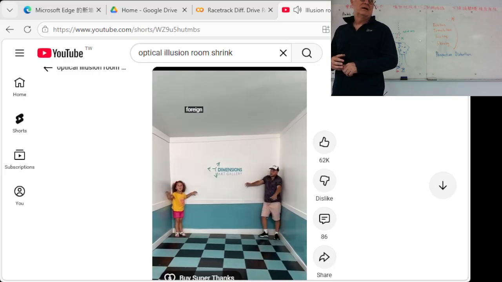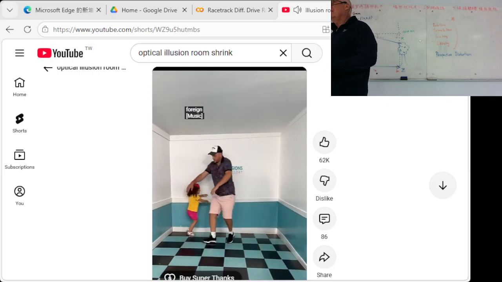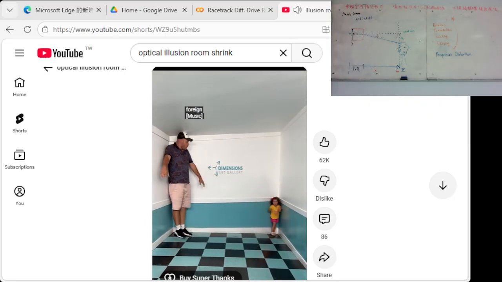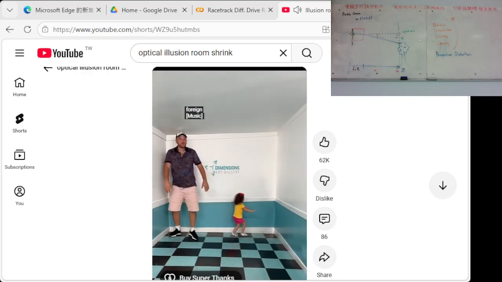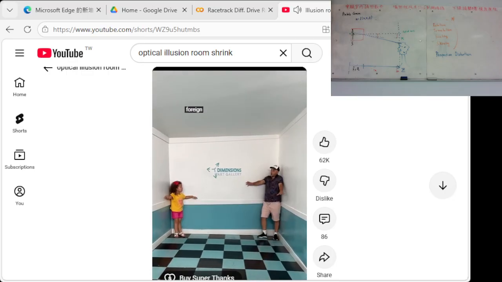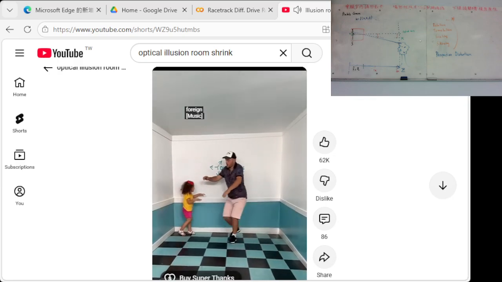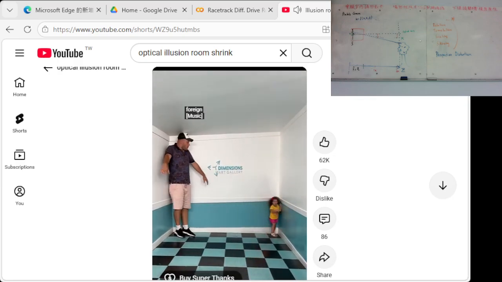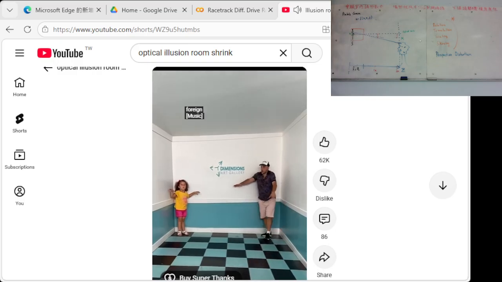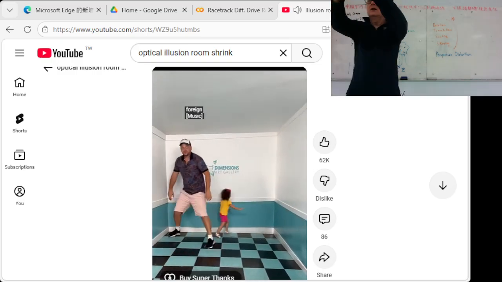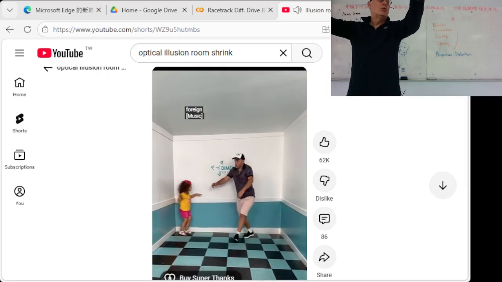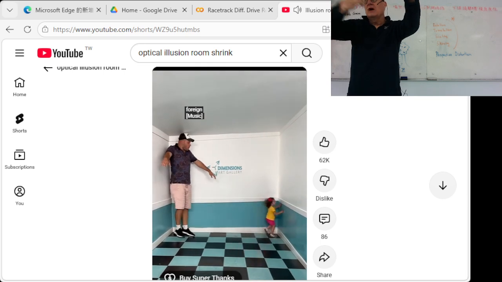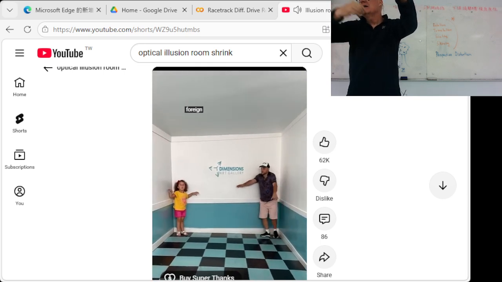Right? And there, you cannot tell the distance there. Nobody can. But this floor here is made in such a way that it looks as if that wall is 90 degrees and they walk left to right. But actually they don't walk left to right, they walk front to back and a little bit left to right.